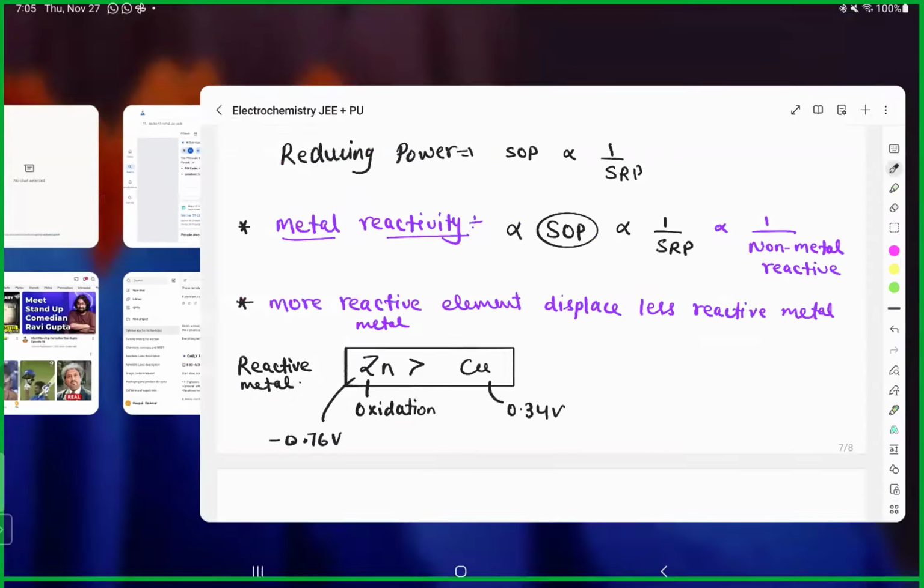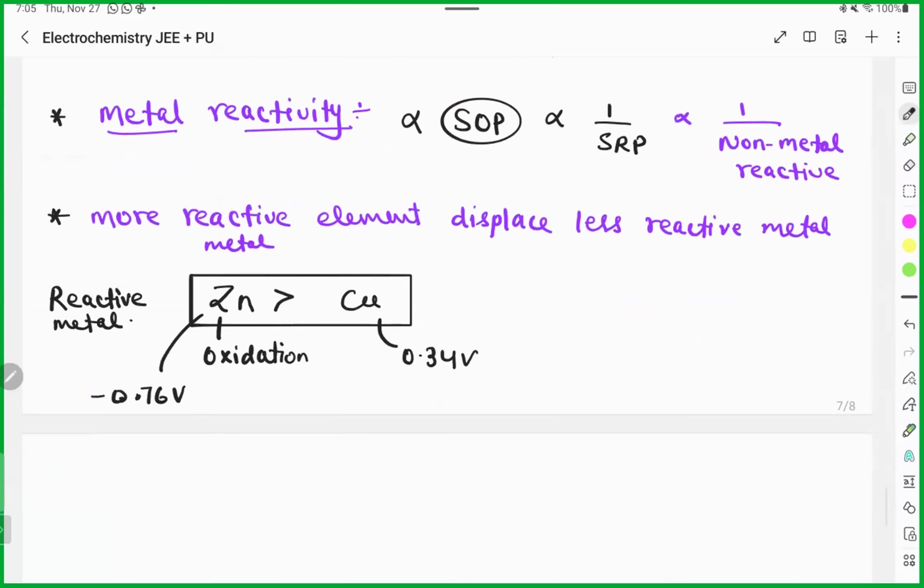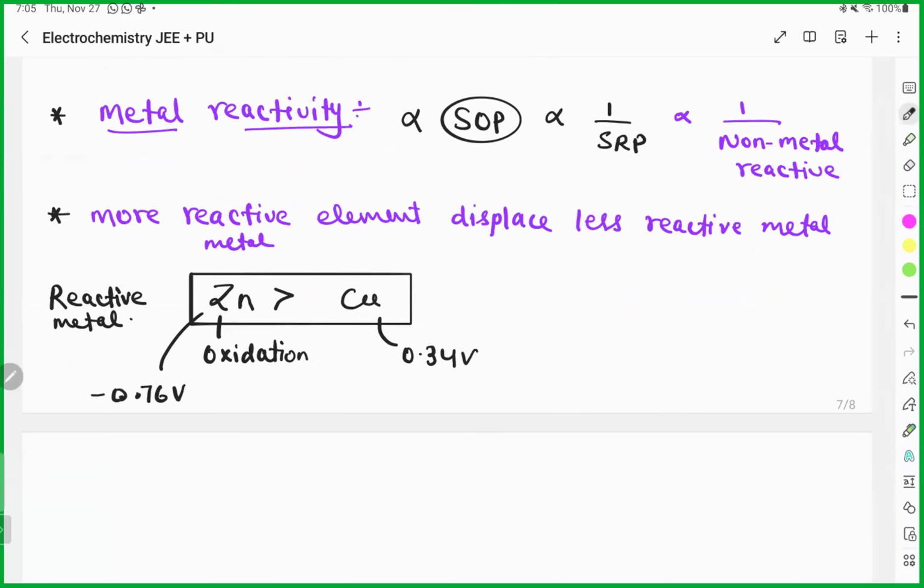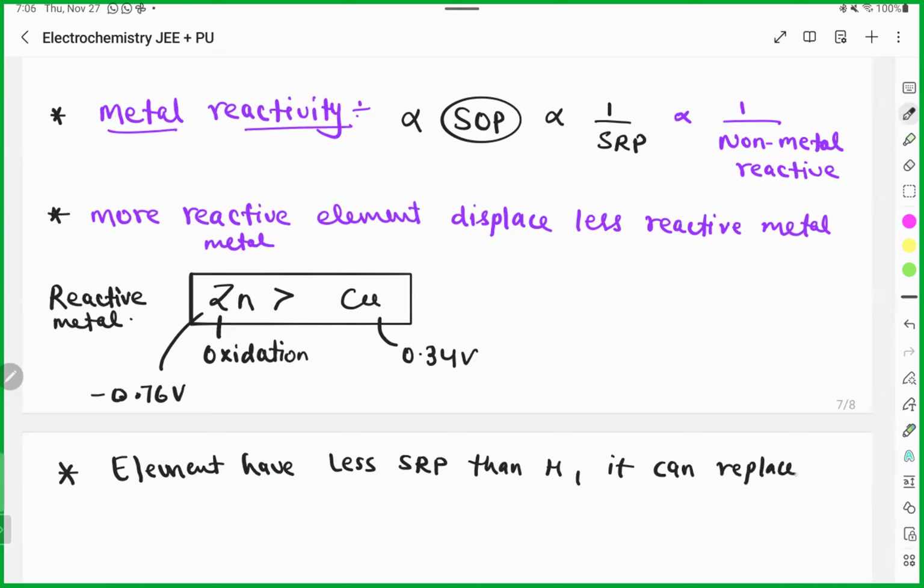And so, which element can easily produce hydrogen gas or replace hydrogen? An element that has less SRP than hydrogen can replace hydrogen.